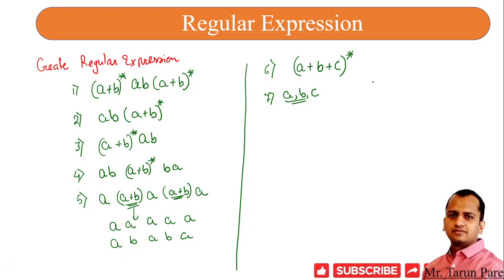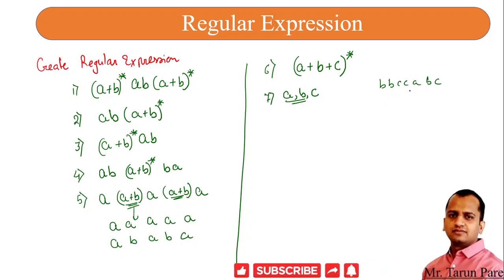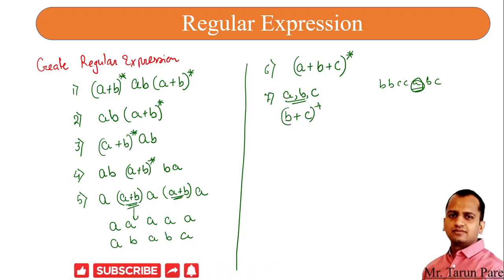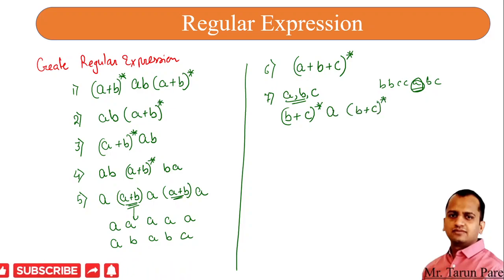The one a will be anywhere, like bbccc abca. But it should contain only one a, not more than one a. So the regular expression for this will be (b plus c) asterisk a (b plus c) asterisk.